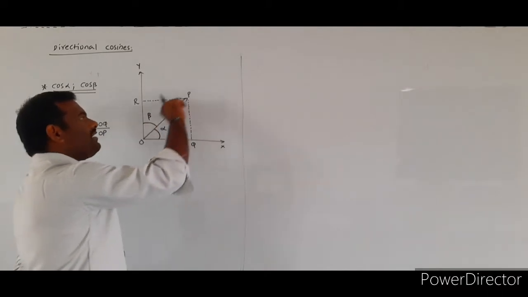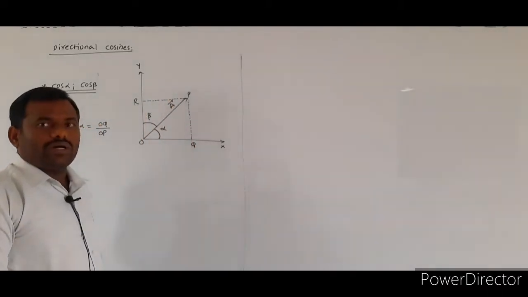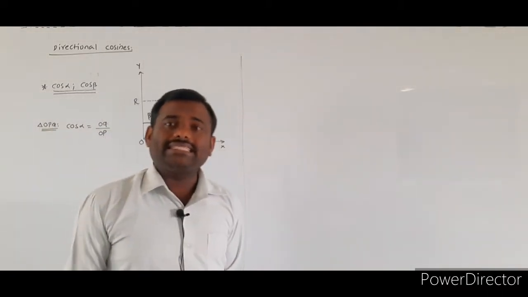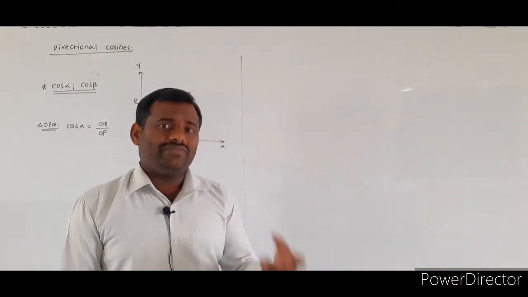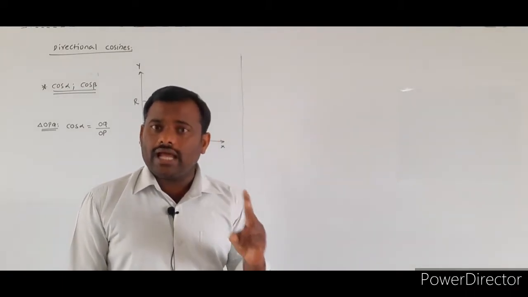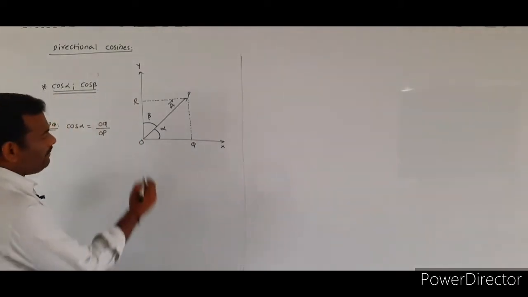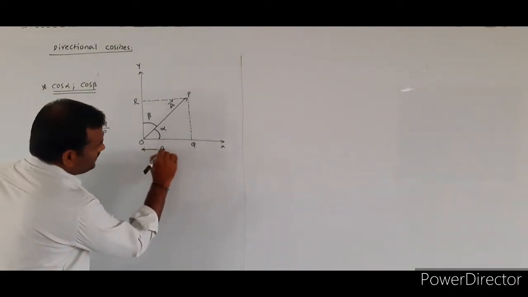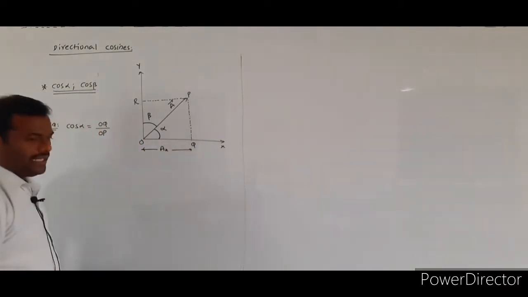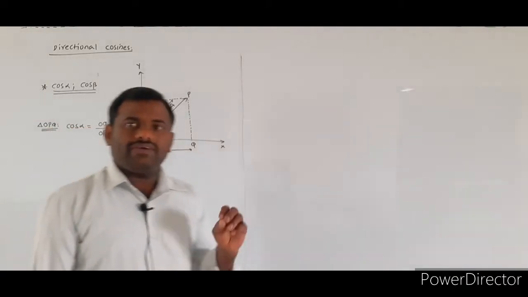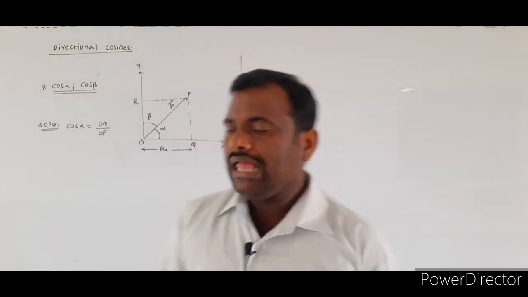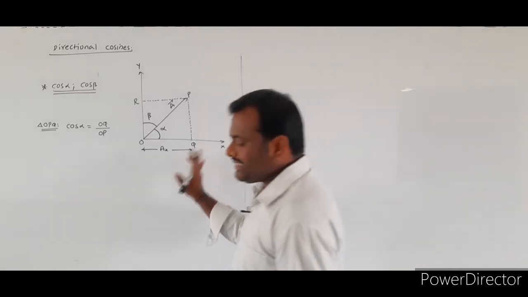So what is the value of OQ? OP bar represents the given vector quantity which is placed in the xy plane. In the last class, we resolved that vector into two rectangular components. AX denotes the x component of the given vector along the x-axis.